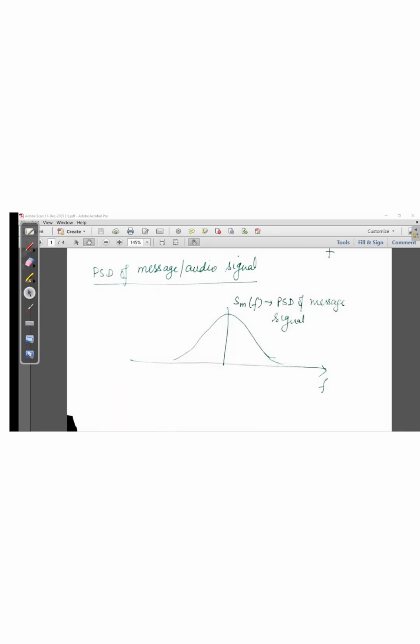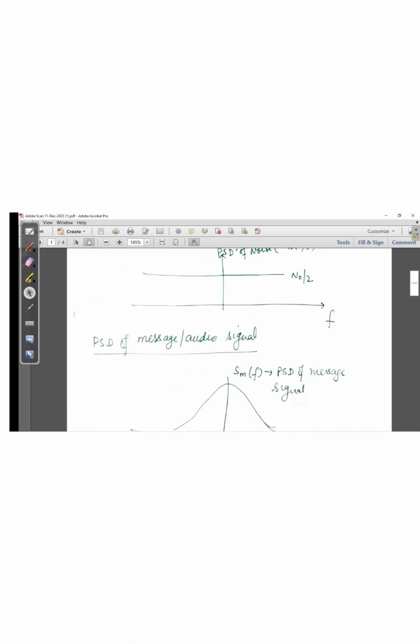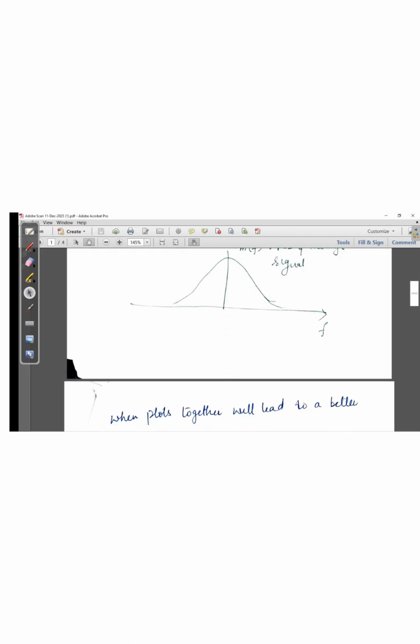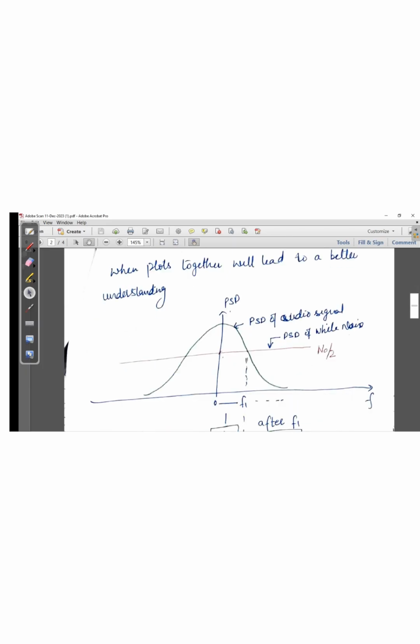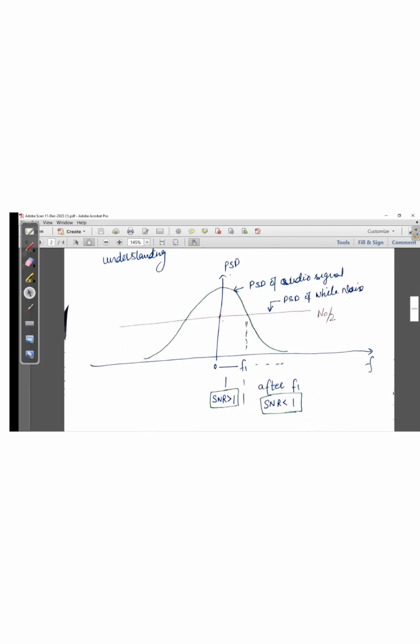Now if I plot these two figures simultaneously, I can make a diagram like this, where I highlight the power spectral density of the signal with this curve. This is the power spectral density of my message signal, and we know the power spectral density of noise is constant at N0/2.